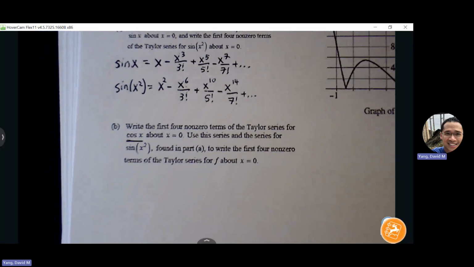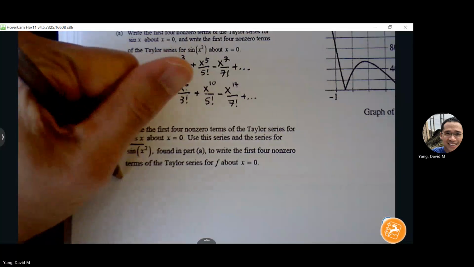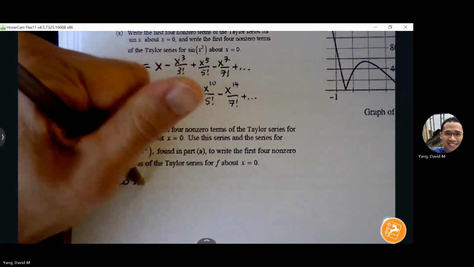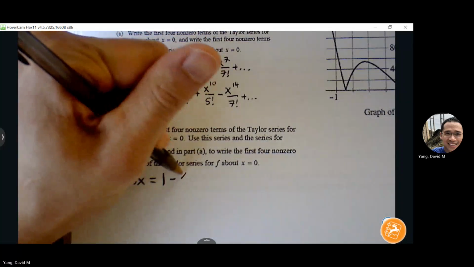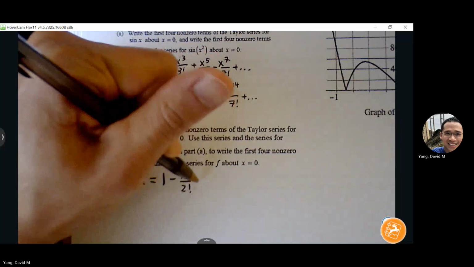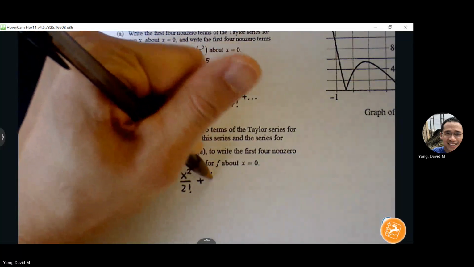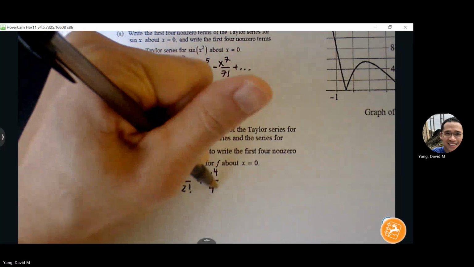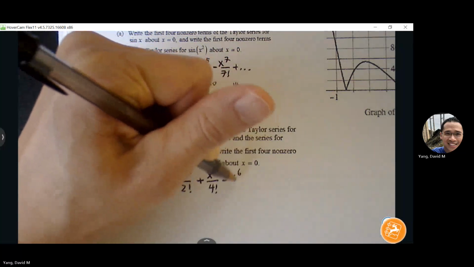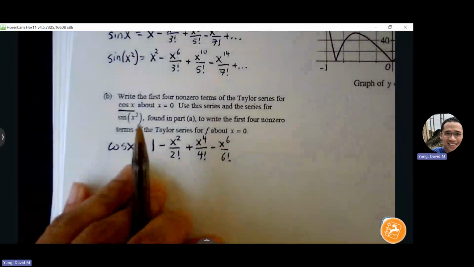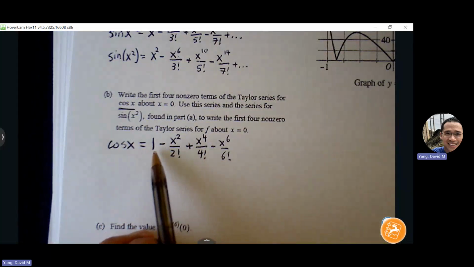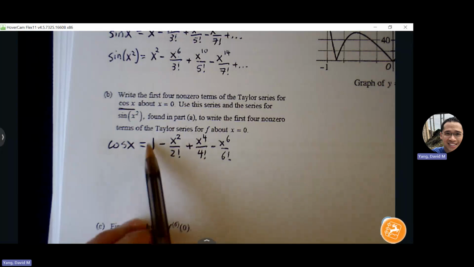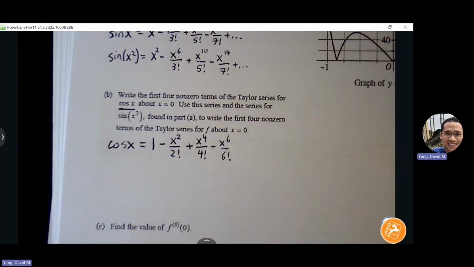Okay, so let's build cosine of x. We know that cosine has even degrees. So 2 and 2, 4, 4, 6, 6. And the 1 here is really x to the 0 power. So this technically is still part of an even degree term, x to the 0 power.